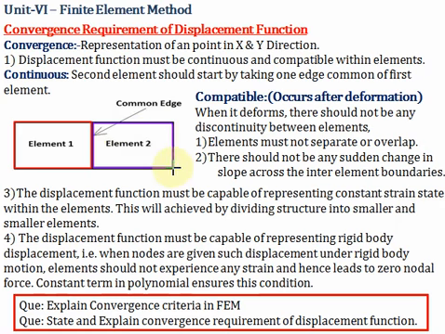So for both the elements, this is the common edge, and element 2 is starting after element 1. So there is a common edge of the first element. So this is nothing but continuous. That means displacement function must be continuous.